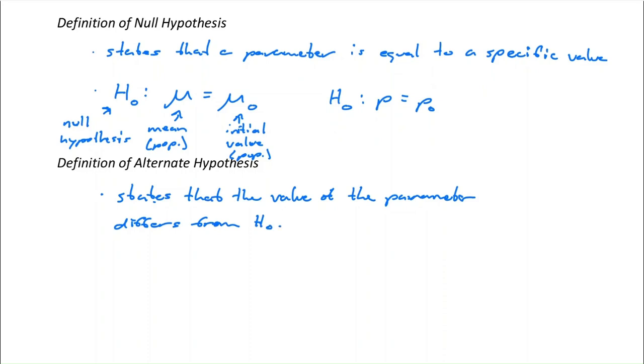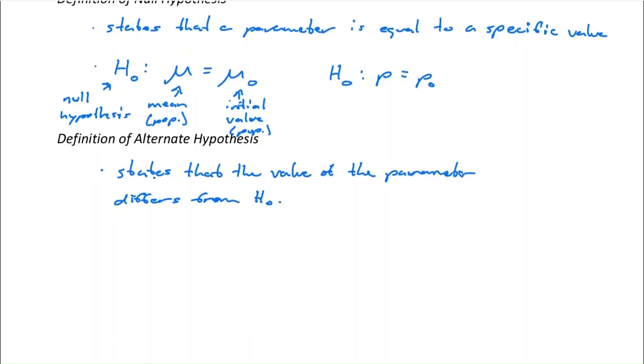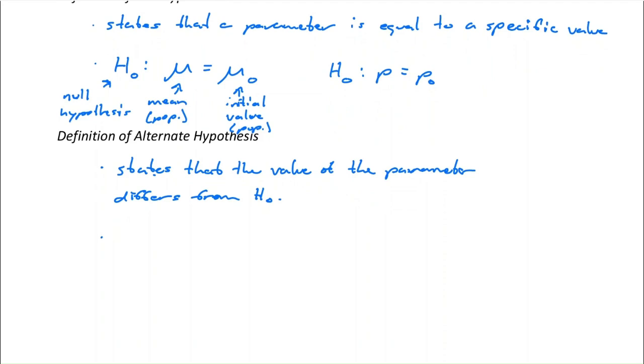Now, by differs, there's three different ways we could look at that. So let's talk about what that looks like. So we're going to use H sub 1 for the alternative. So H sub 0 for null, H sub 1 for the alternative. You will see in some texts H sub A for alternative. Either one would certainly work.